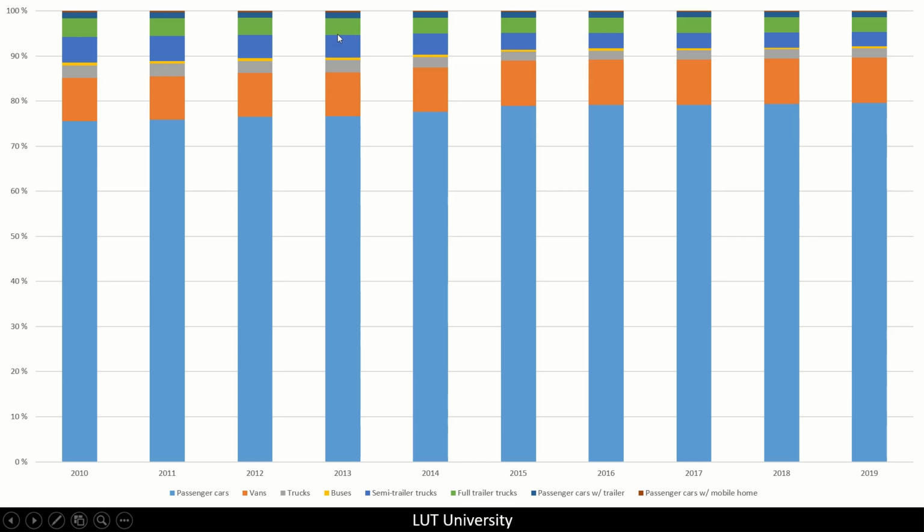The notable ones are full trailer and semi-trailer trucks, that are used especially on E18, because freight traffic uses that road quite a lot.